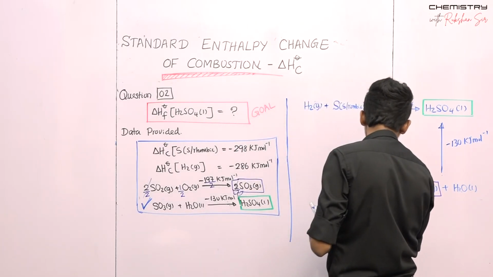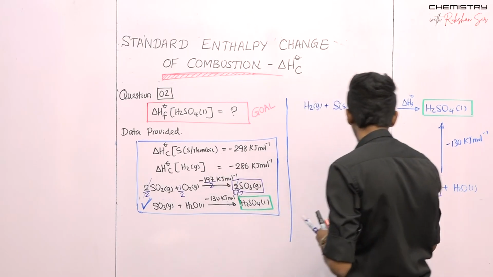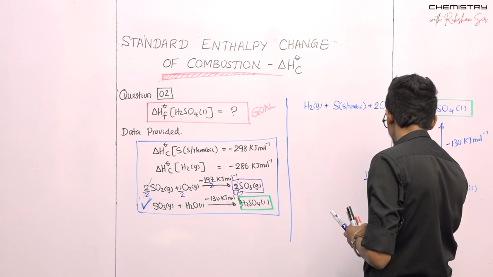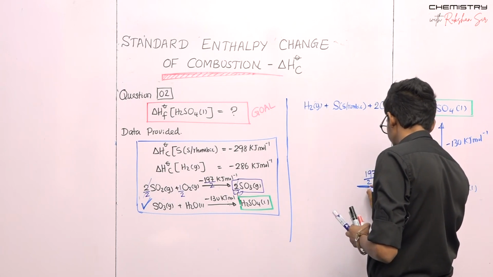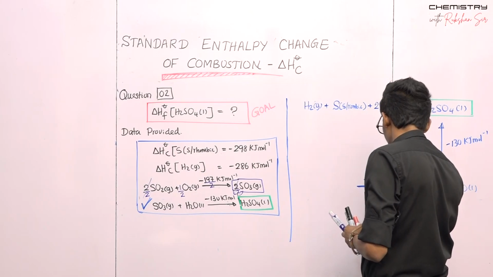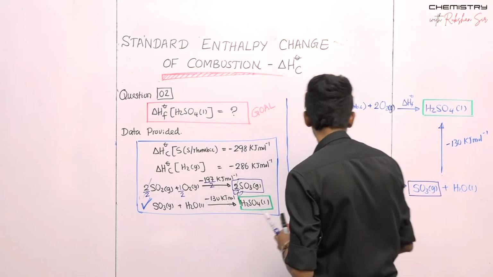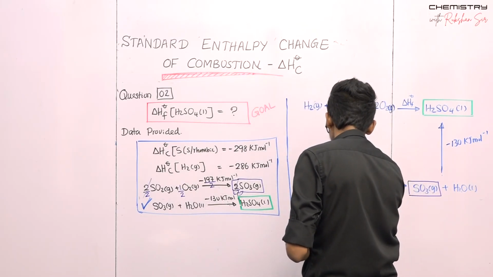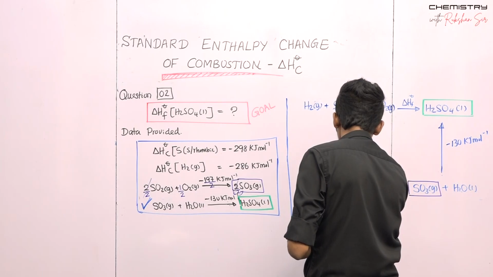So SO3 gas is there. On top of the reaction arrow, it will be 197 over 2 kilojoules per mole. At the other side of the arrow, SO2 gas and half of O2 gas will appear.